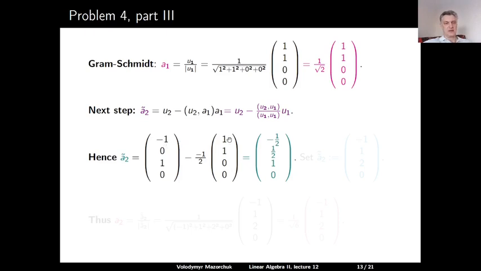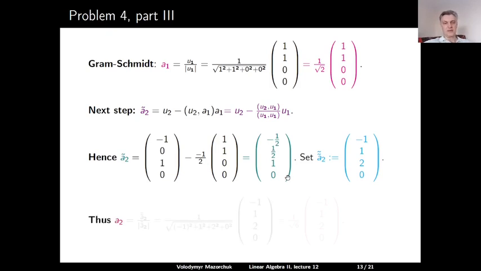And this is -1 plus 1/2, which is -1/2. 0 plus 1/2 is 1/2. 1 plus 0 is 1. 0 plus 0 is 0. We can also delete this 2, and let's consider the vector 2 a2 tilde, which is the vector (-1, 1, 2, 0). This is twice a2 tilde, in order to delete the denominator in our expression.